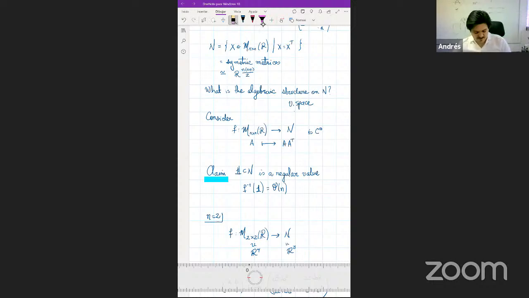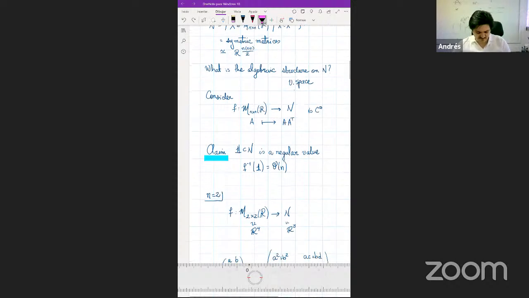So let's specialize to the case n equals 2. I have a map from the set of all 2 by 2 matrices to the set of 2 by 2 symmetric matrices, which is given by this formula.